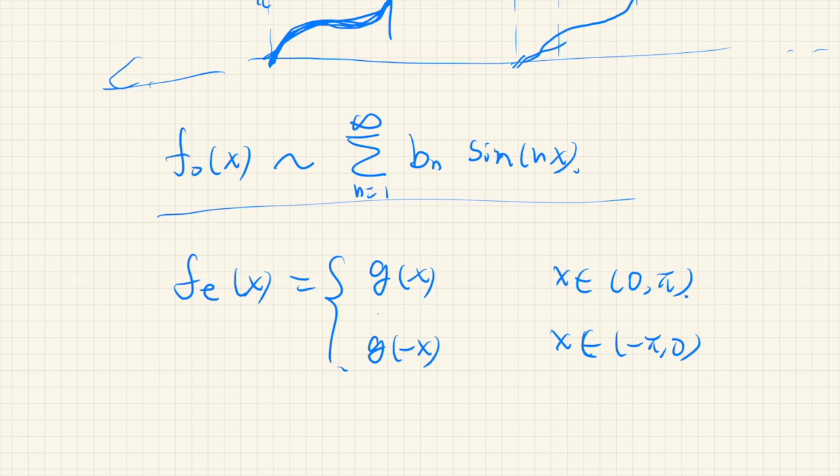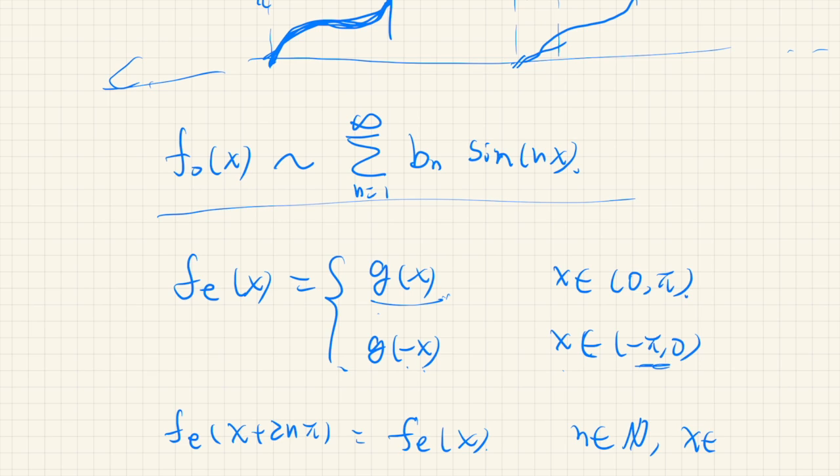When x is negative here, then negative x is positive, so we can use this value. So it's symmetric around the y-axis. And also we can introduce the periodicity, fe of x plus 2n pi equal to fe of x when n is a natural number and x is between negative pi and pi.